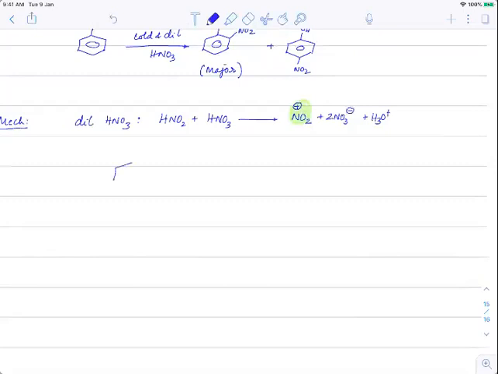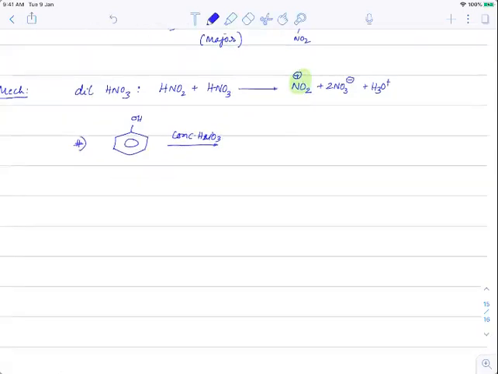Now we have taken a dilute condition. If I take concentrated HNO3, okay, this is a strong oxidizing agent, so it would convert that to quinone.